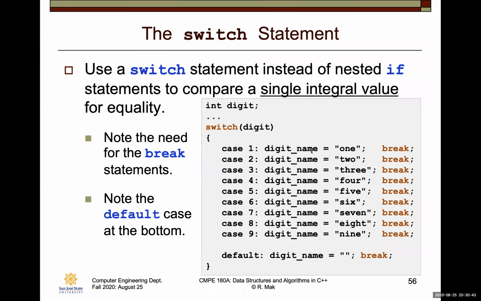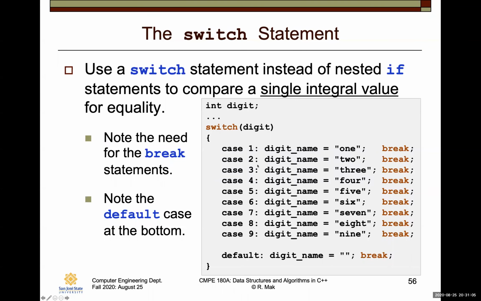Break says that after I've executed the statements for case 1, I want to break out of this statement. After I've executed the statements for case 2, I want to break out of this statement. So we only want to execute the statements for one case at a time.